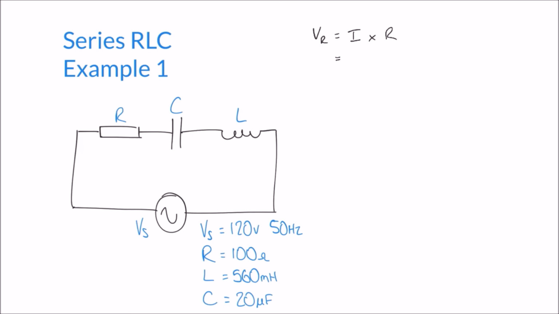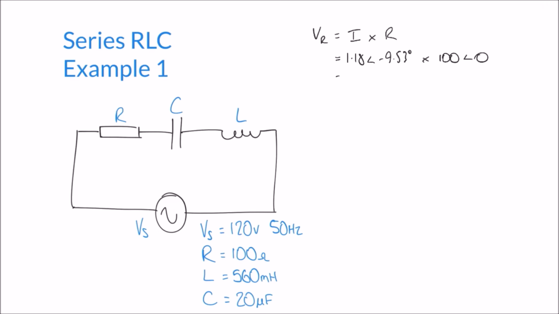We said that it was 1.18 at an angle of minus 9.53 degrees. And we're multiplying it by the resistance. The resistance we're given in the question, 100 ohms. And again, we're trying to use polar form. Resistances don't have a phase angle. So it's 0 degrees.